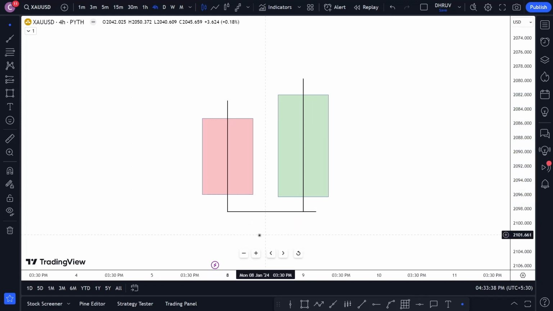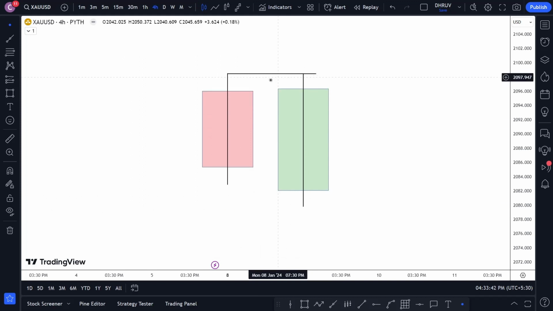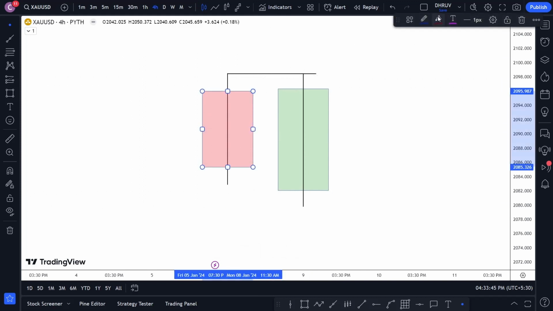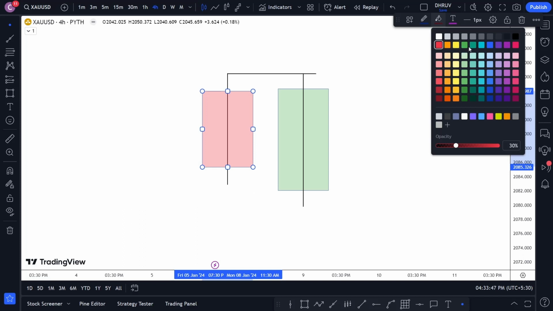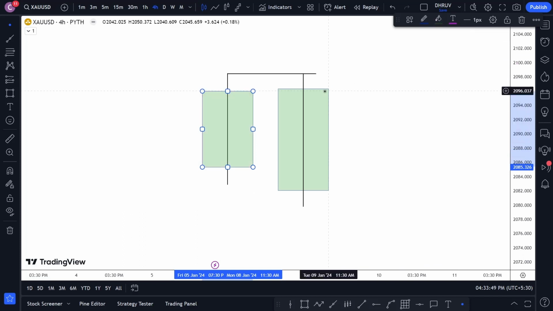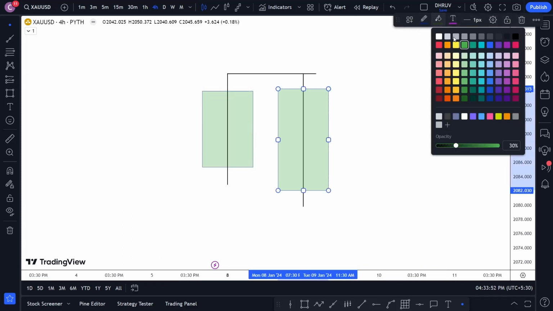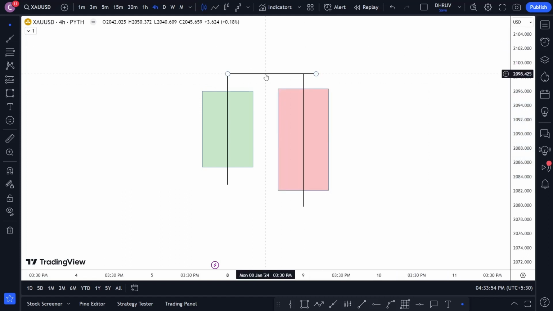Okay, and in the case of a bearish perfect engulfing candle, the high can be engulfed at the same area or can be above the high of the previous candlestick.